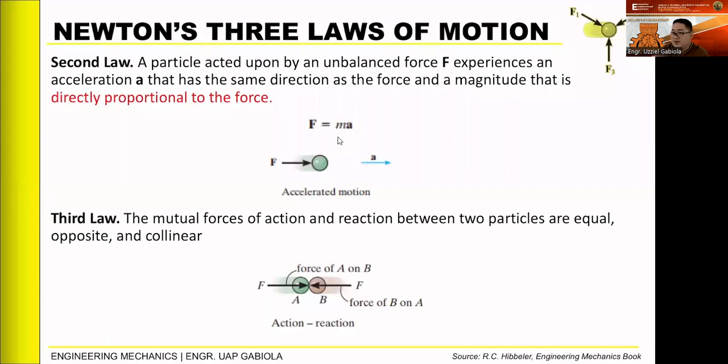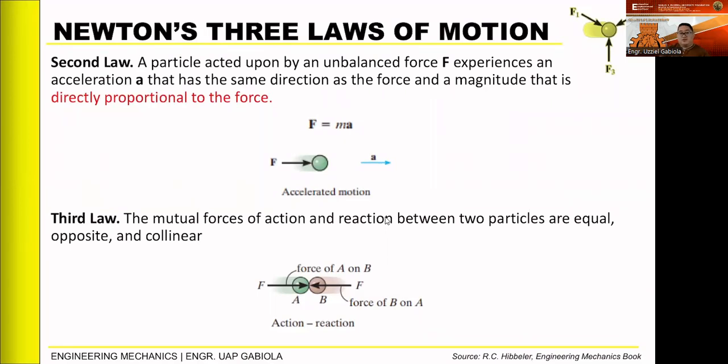Okay? Then for our third law, we have the mutual forces of action and reaction between two particles are equal, opposite, and collinear. So basically, it says that whatever one body applies, to oppose that force, the other body will exert the same force back to the first body we are referring to, no?